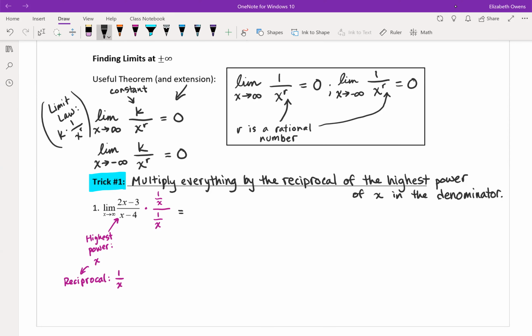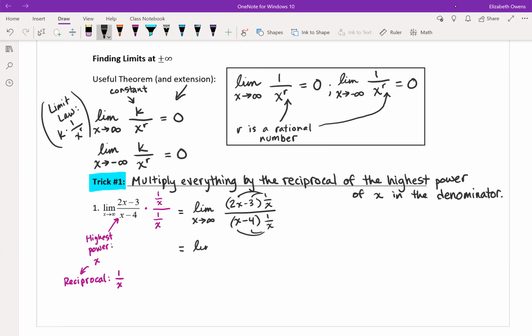We still haven't calculated a value yet, so we keep writing limits. We have 2x minus 3 times 1 over x, over x minus 4 times 1 over x. You distribute that 1 over x to both terms in the numerator and in the denominator.